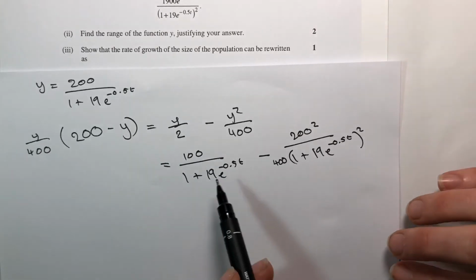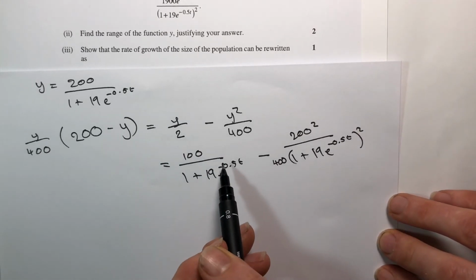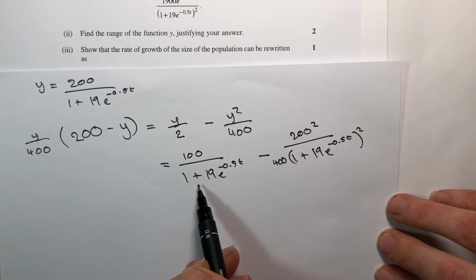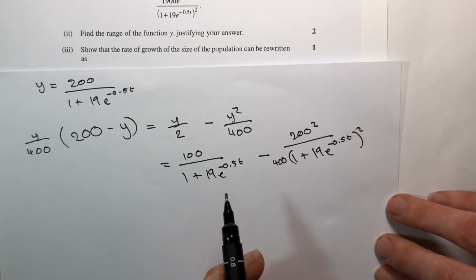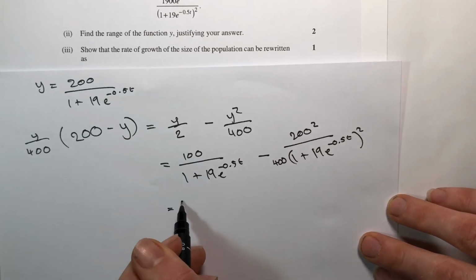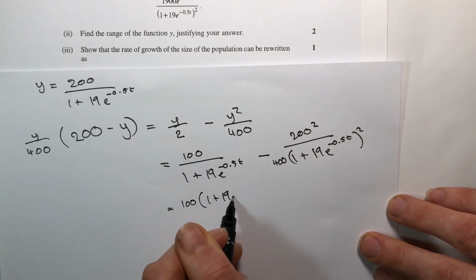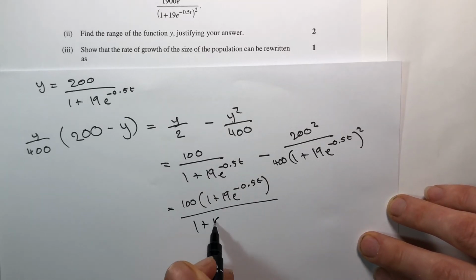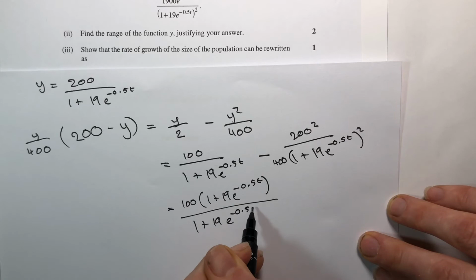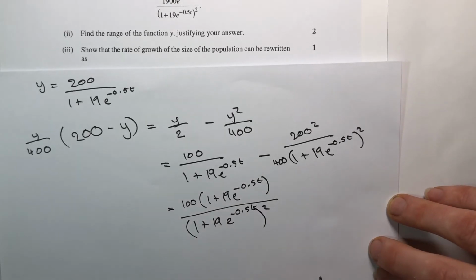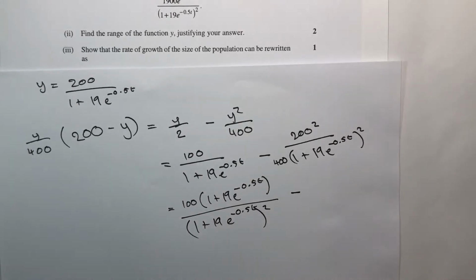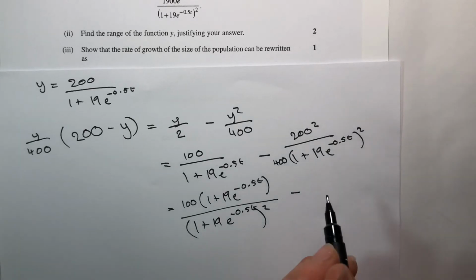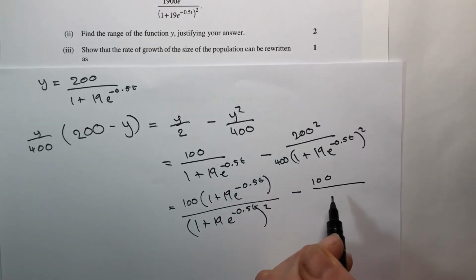So single fraction, I've got two fractions at the moment, which means I really need to create a common denominator by calculating this top and bottom over here to make the squared. So that'll be 100, 1 plus 19e to the negative 0.5t on. Now if I do 200 squared divided by 400, the answer is 100 again, so that's going to be 100 on.